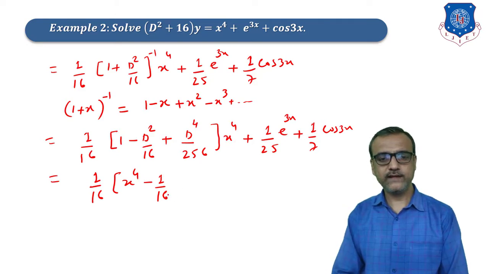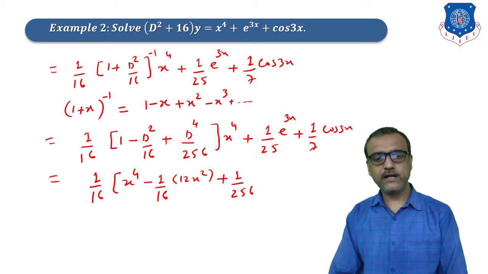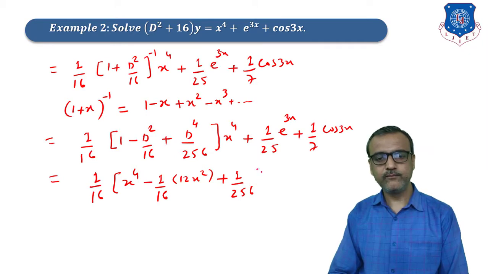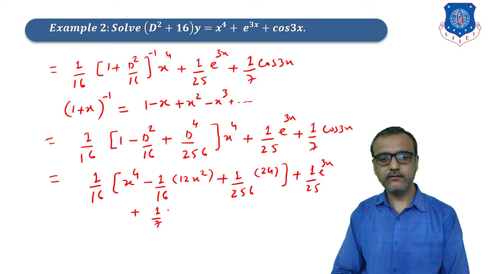So we will write 12x square here, then plus 1 over 256 times the fourth derivative of x raised to 4, that is 4 factorial, and 4 factorial is 24. And we will write these two terms as they are, that is 1 over 25 e raised to 3x plus 1 upon 7 cos 3x.